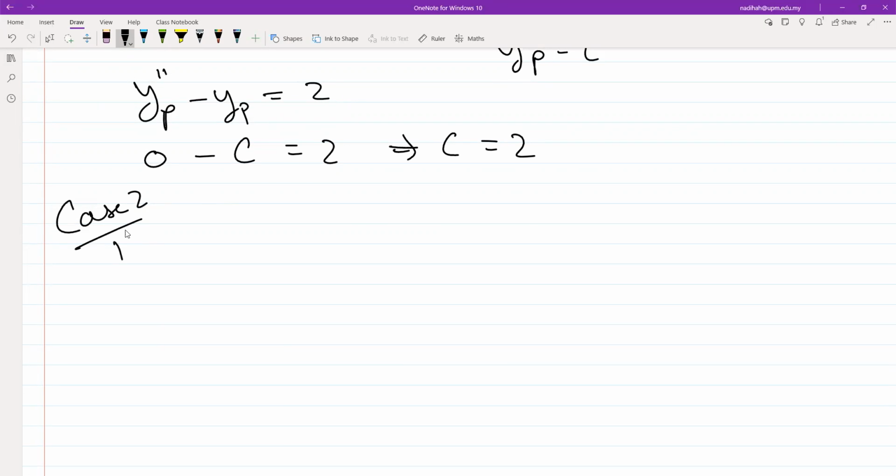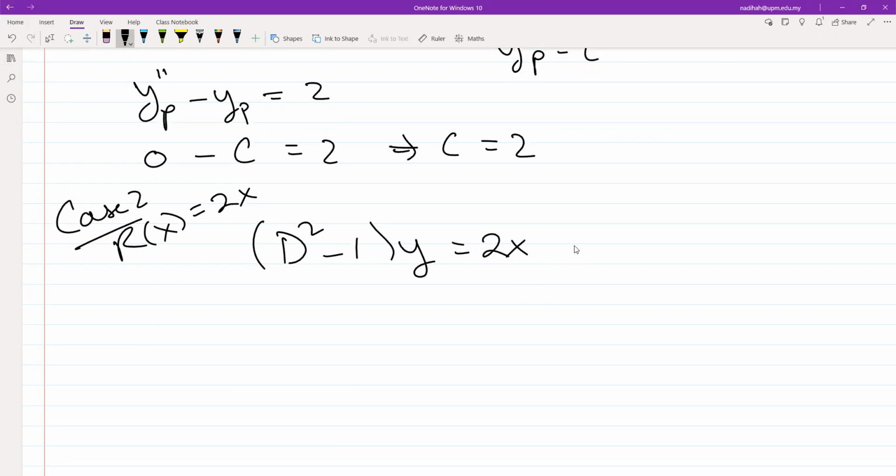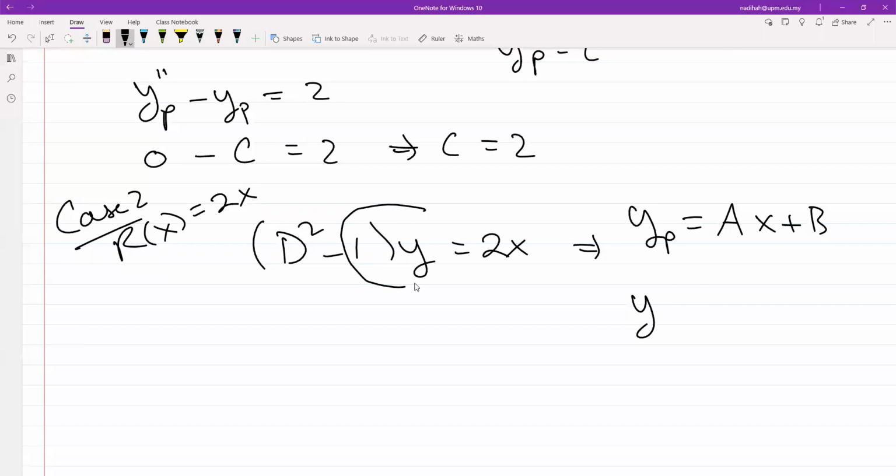Case 2, Rx sama dengan 2x. Okay, so saya kata d squared minus 1 of y equals to 2x. So dalam case ni saya kata yp sama dengan ax plus b. Sebab apa? Sebab y, saya tengok kat sini, without any derivatives, dia must be sama dengan 2x, ataupun any multiplication by x.